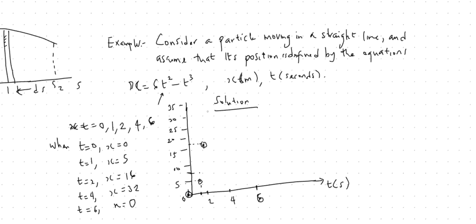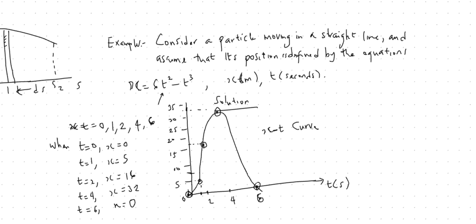When t equals 6, x equals 0. So if I plot the graph, I'm going to have something like this: goes up, up, up, then comes back down. That's my position time curve.